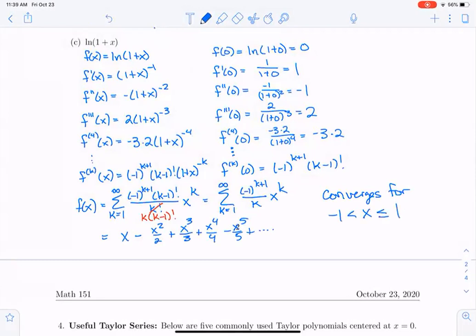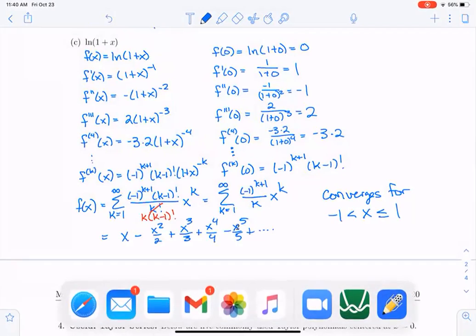We've actually shown that one before, because we found this series using geometric series, integrating term by term. So this matches the answers that we had before. So this series only converges between -1 and 1.